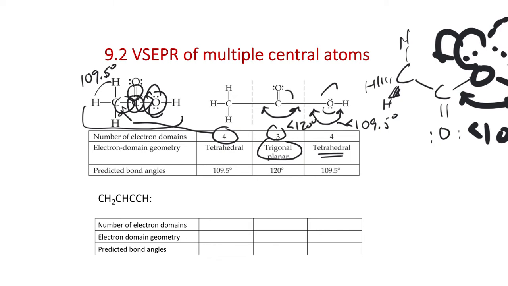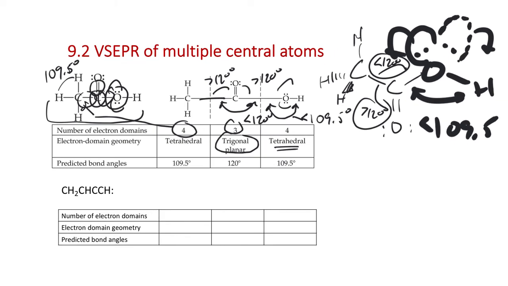And the C to double bond O bond angle should be a little greater than 120 degrees. So we can pick up some subtleties of structure, and sometimes you can see it a little bit better if you actually sketch the 3-dimensional geometry. So we're saying the double bond angle is a little bit greater than 120, and the single bond angle on that trigonal planar group is a little less than 120.